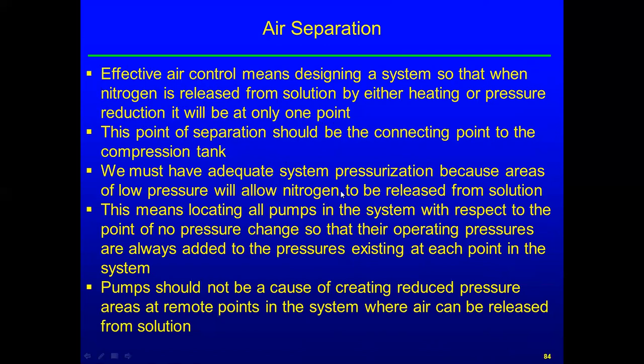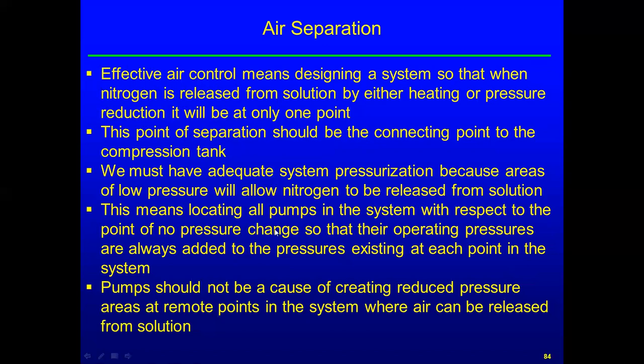We must have adequate system pressurization because areas of low pressure will allow nitrogen to release from the solution. So this involves the operation of the pump and trying to design this so that the air is going to come out of solution at a control point where we can collect it.